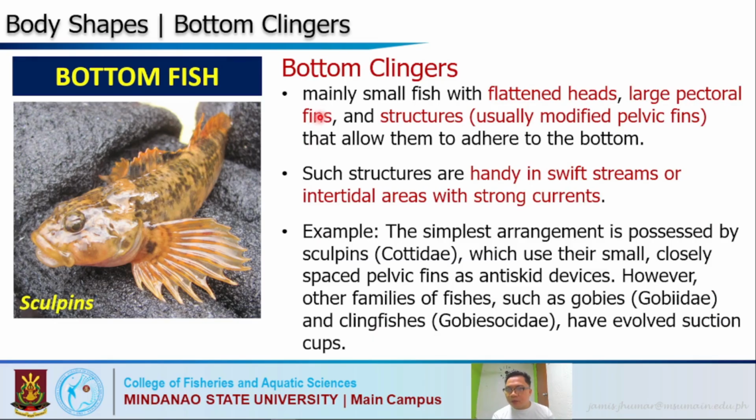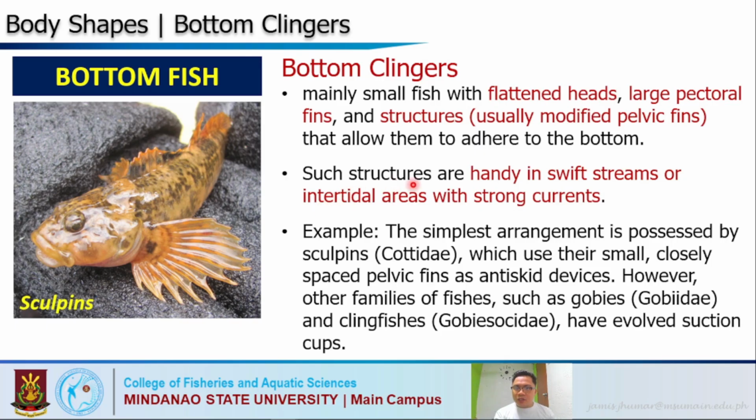And then the bottom clingers are mainly small fish with flattened heads, large pectoral fins, and structures, usually modified pelvic fins, that allow them to adhere to the bottom. So this is an example of a bottom clinger fish. This is locally known as iswil in our place. Iswil, a freshwater goby.